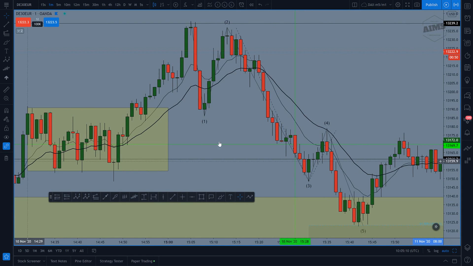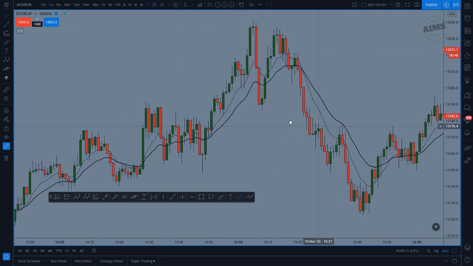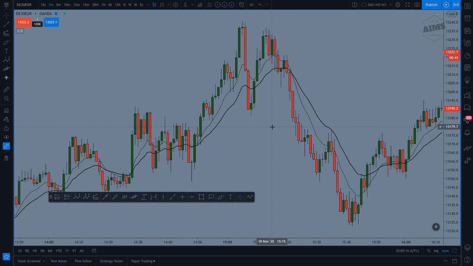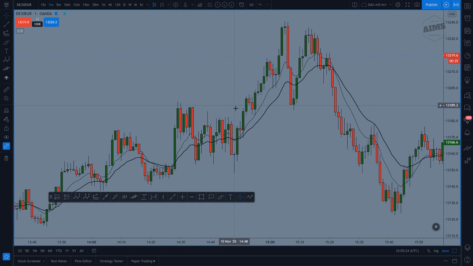I'm going to delete the drawings to clarify it. Now I'm assuming that there's nothing to the left, right? We're assuming there's nothing to the left. So let's talk about this one, right? This is not away from the MA. We've discussed this before. We had quite a lot of other reasons, right?